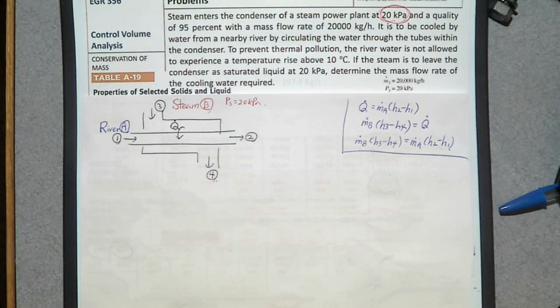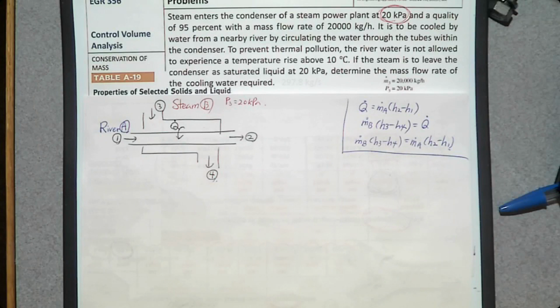Then what is the quality x of saturated liquid? 0. What is the quality x of saturated vapor? 1. What is the quality x of compressed liquid? There is no quality x because compressed liquid is away from its saturation. What about superheated vapor? There's no quality x.